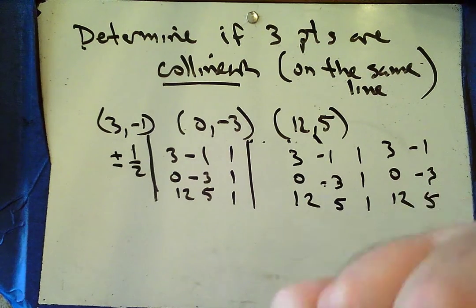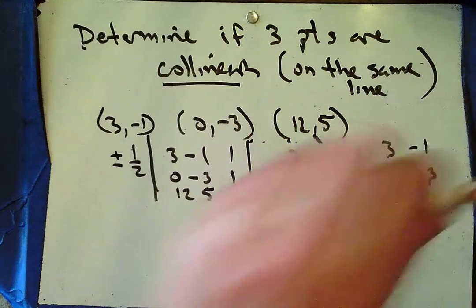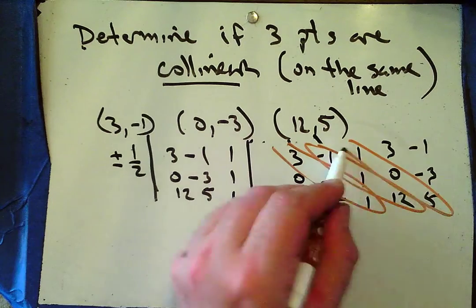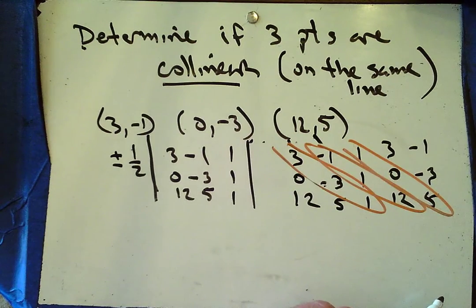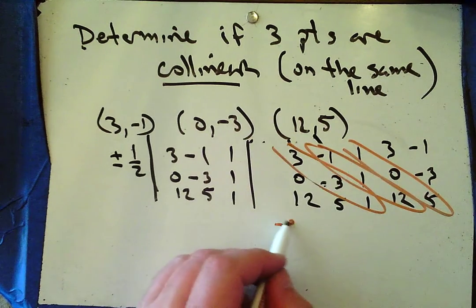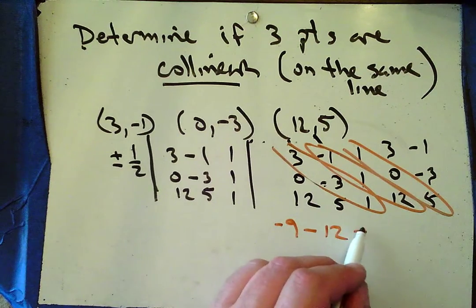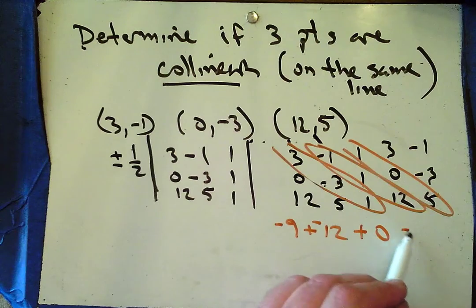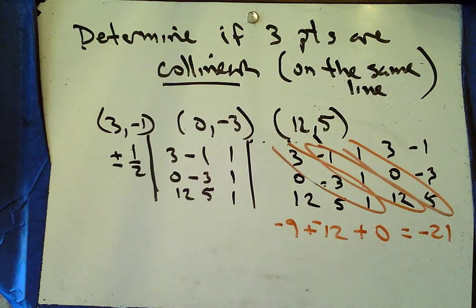Okay, and I want these diagonals, the product of these, the sum of those products, which is -9 minus 12 plus 0, and that's -21.